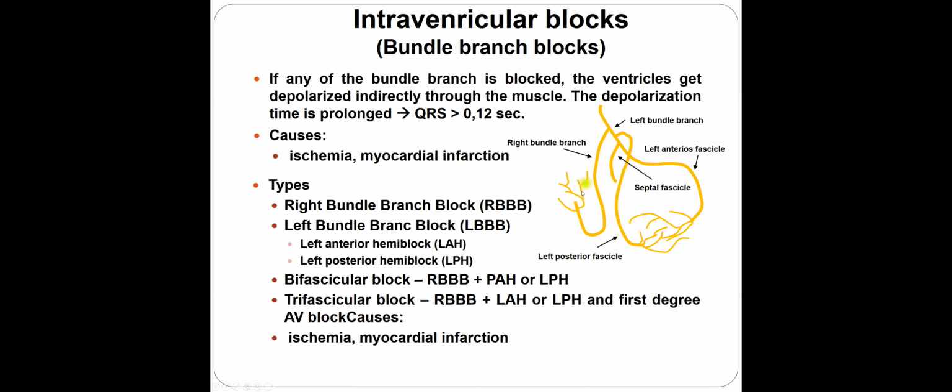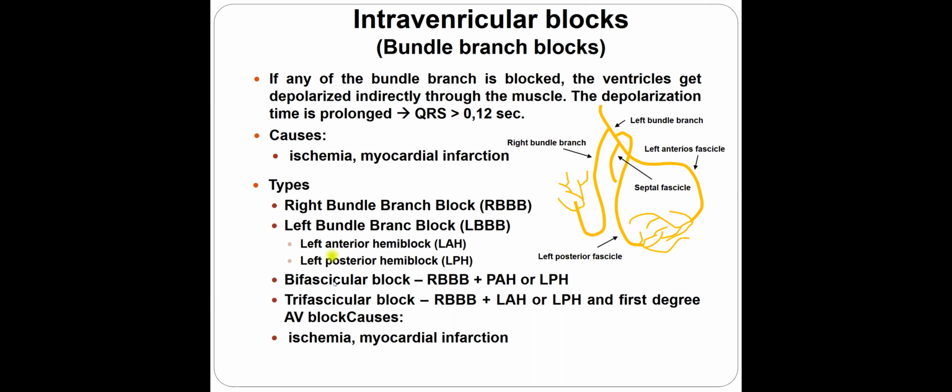Now, hemiblock can occur, where not all of the left bundle branch is blocked, but maybe only the anterior part or the posterior part. This is why we have hemiblocks.